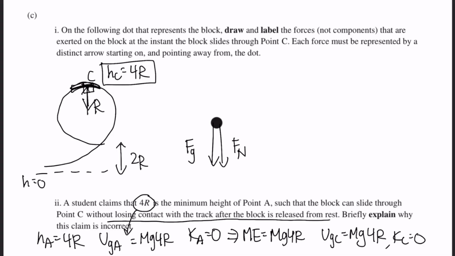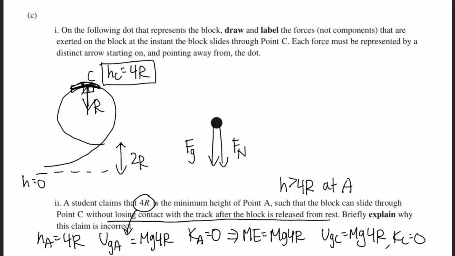But this question is asking, what is the minimum height at point A at which the block will travel through the entire track without losing contact? So if it's without losing contact from the track, then the height will have to be greater.